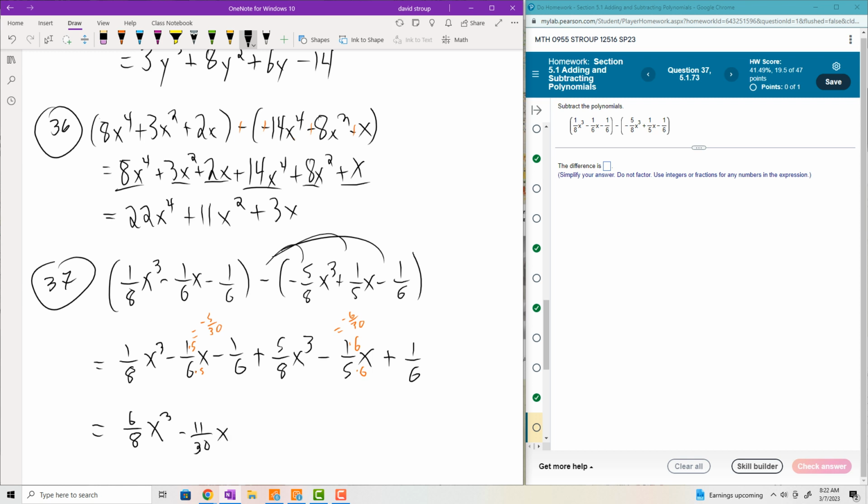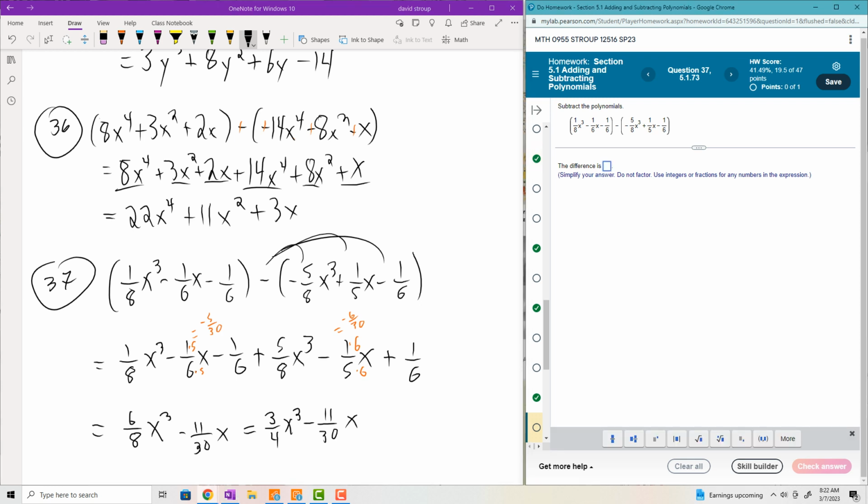And then minus 1/6 plus 1/6, that will just be 0. And then simplifying, so that would be 3/4 x cubed minus 11/30 x.